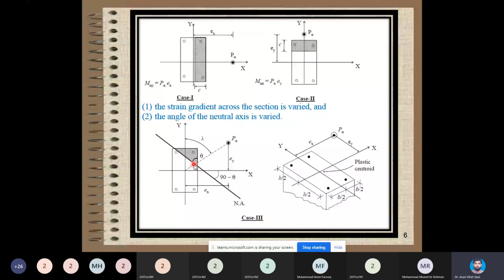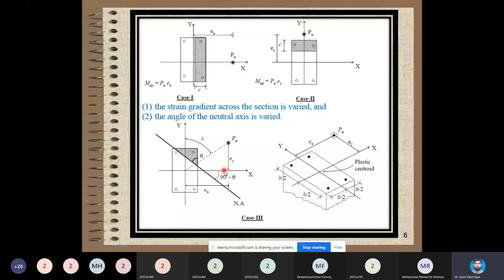And it is your luck whether what you select as C and theta will give you the answer exactly equal to Pn, Mnx and Mny.